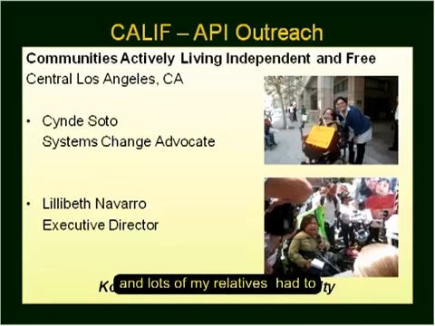So my mama had to leave, and a lot of my relatives had to leave the country. We call that the dispersion of the Filipinos, just like the diaspora for the Jews.